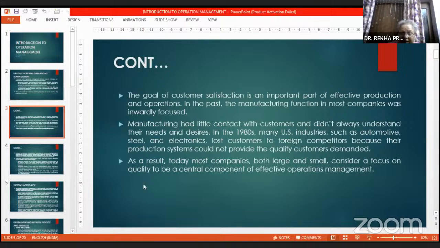If they don't want that, they want some other flavor, then they'll add that flavor in the water, so that the customer is satisfied. Because if the customer is not satisfied, naturally whatever he or she is selling will not be sold. And if it is not sold, then naturally no profit.